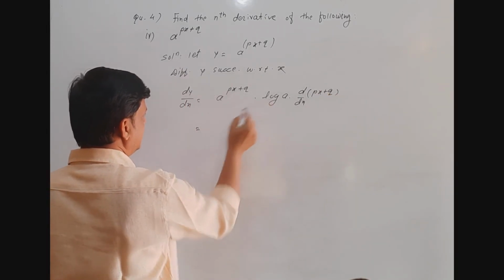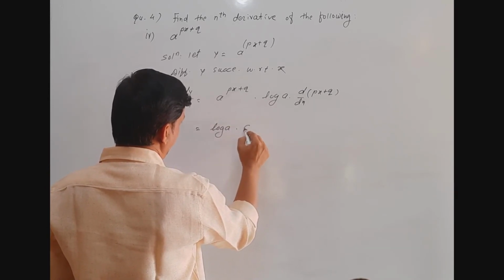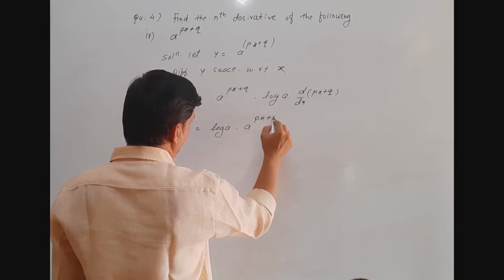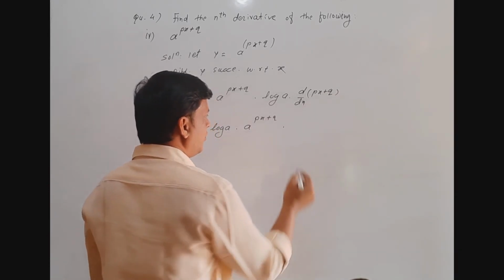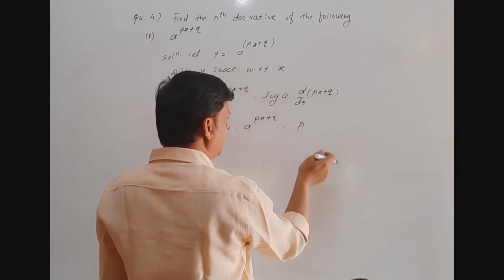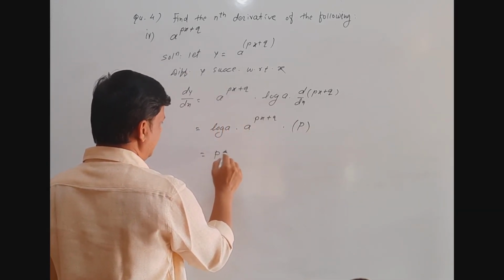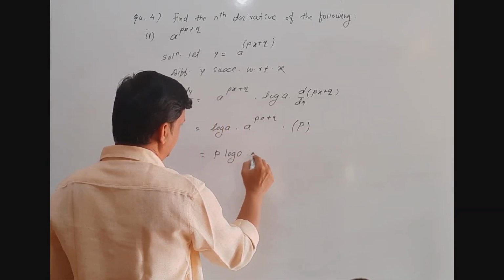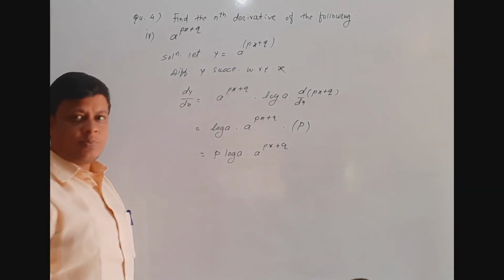So we write this as log a into a raised to the power px plus q into derivative of this px plus q is, derivative of px is p, derivative of q is 0, so we write into p. So write this as p into log a into a raised to the power px plus q. This is first order derivative.